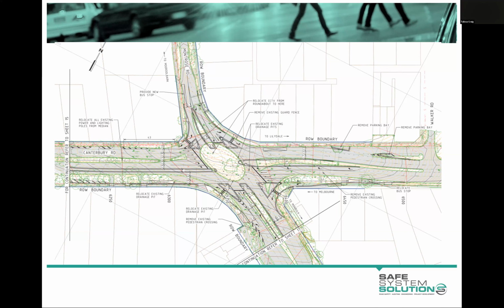We think it is a likely event, moderate risk, which gives it an overall risk category of high. The solutions we came up with would be to look at relocating the bus stop further away from the intersection, and also either full indentation or partial indentation of the bus bay.